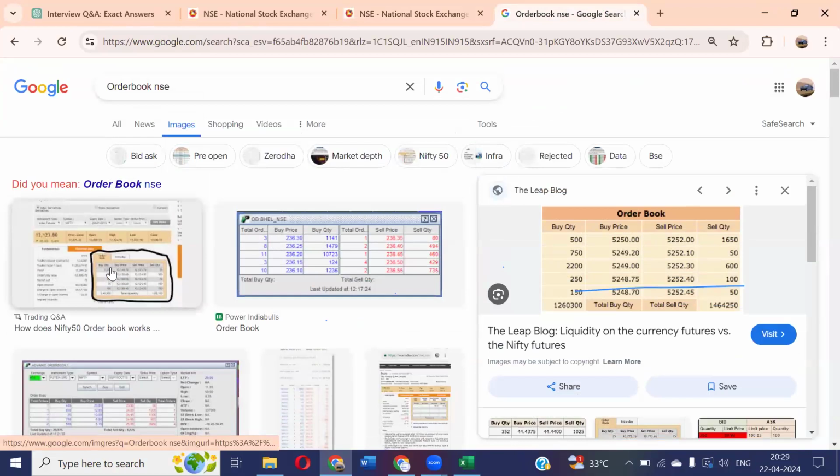From the trading platform, I think it will be available. Maybe if you're trading in any brokerage app, there you can see the recent 5 sellers and 5 buyers as well.